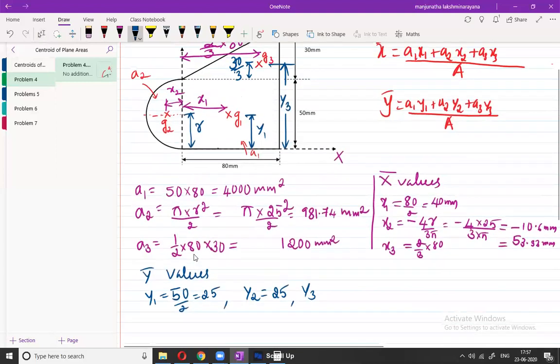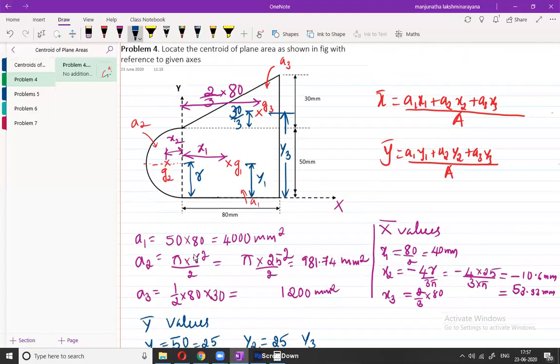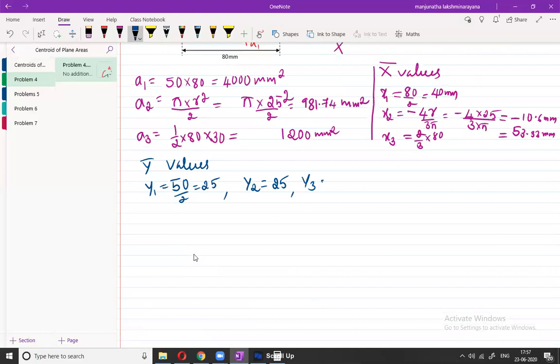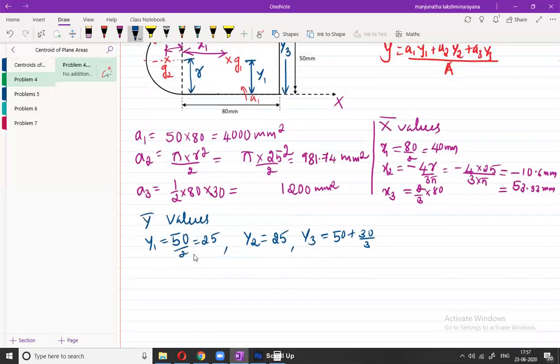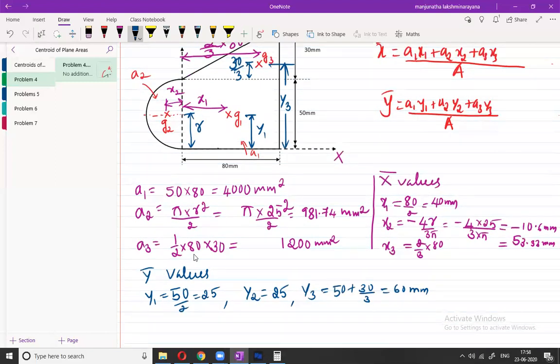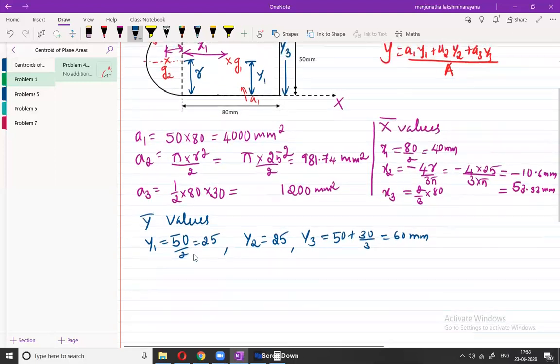Therefore, y3 is equal to 50 plus 30 divided by 3, which is equal to 60 mm. Having these area values, x values and y values, the next thing is nothing but the substitution of all these things in the formula to get the centroid.